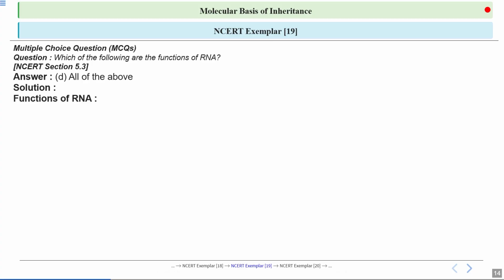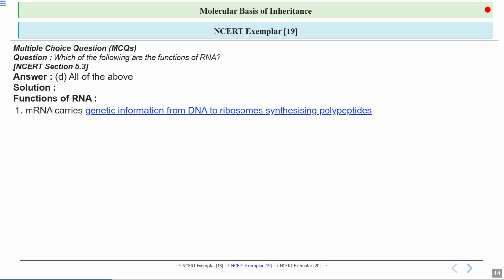So let's talk about the functions of the RNA. RNA is very good for the transmission of information, and DNA is good for storing information. Clear? So mRNA carries the genetic information stored in the DNA to the ribosomes, leading to the synthesis of the polypeptides, or simply you can say proteins.